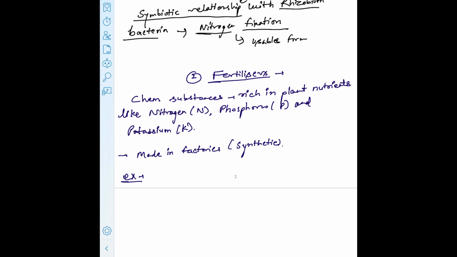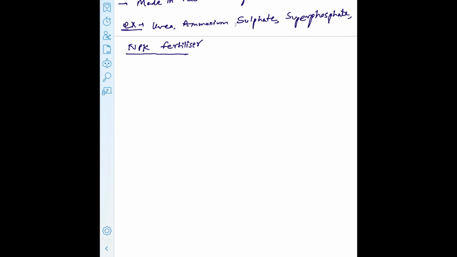Important examples of fertilizers are urea, ammonium sulfate, superphosphate and NPK fertilizer. NPK fertilizer means that it contains all the three essential nutrients: nitrogen, phosphorus, and potassium.